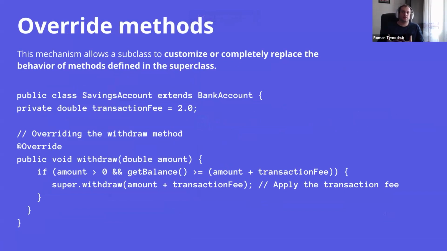This mechanism allows a subclass to customize or completely replace the behavior of methods defined in the superclass. Again, let's go back to the implementation of the bank account. We have bank account and savings account, which is a subclass of the bank account. And you can see here the method withdraw.